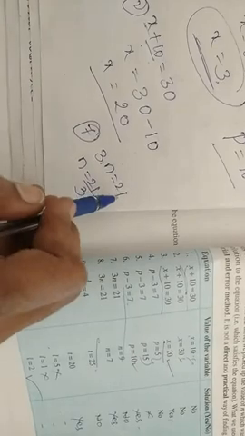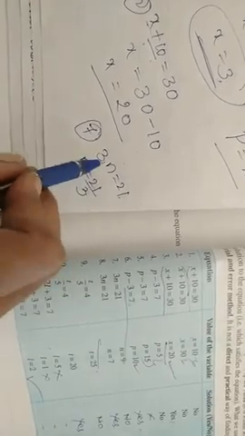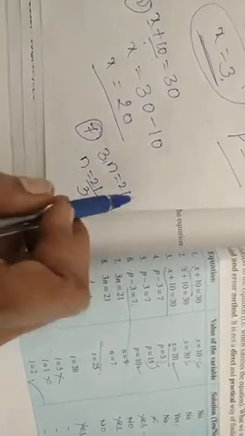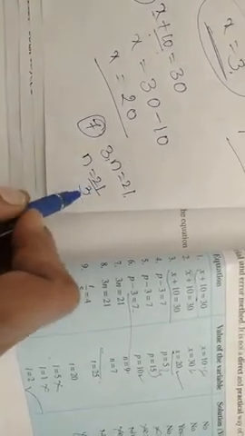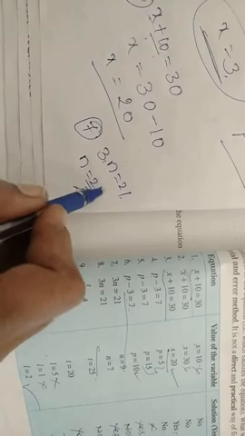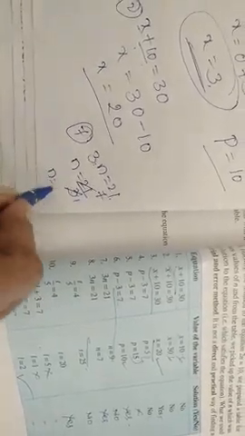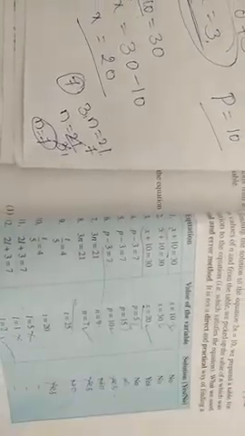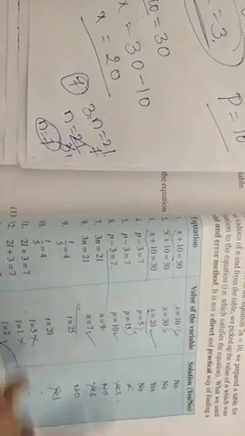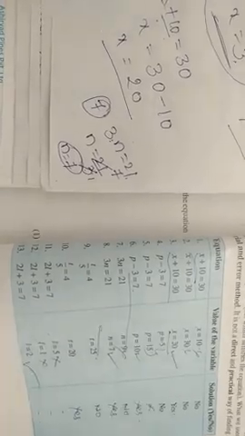Here positive comes this side as negative. 3 ones are 3, 3 sevens are 21. Okay. n value is equal to 7. Understand children? Which one is the correct answer? n equal to 7 is the correct answer. This is the wrong answer. Understand?